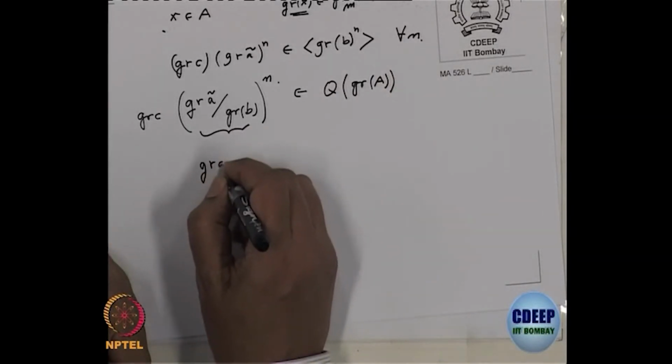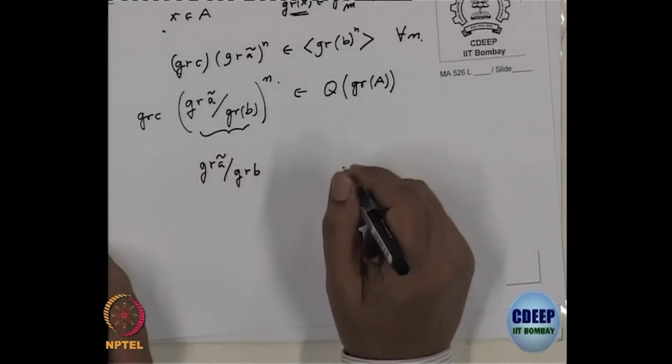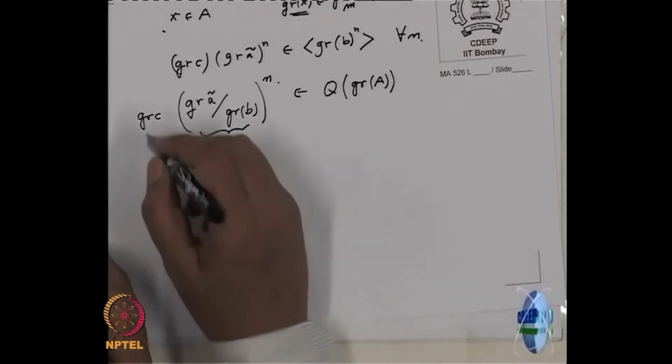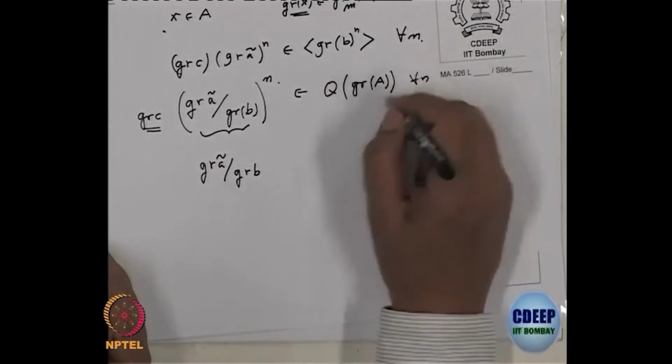So GR A tilde, this proof is not difficult, but you have to use some calculation. This one is almost integral because this element exists so that all powers belong to this quotient field.